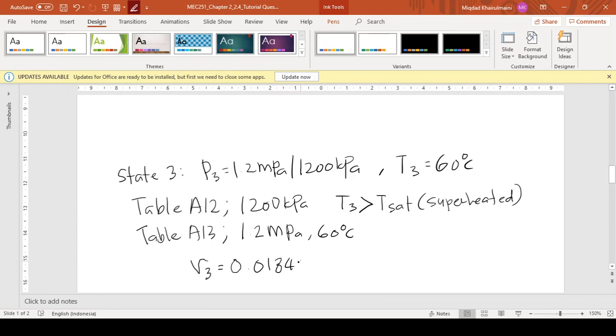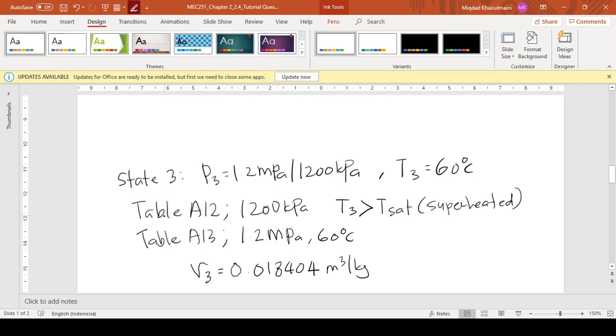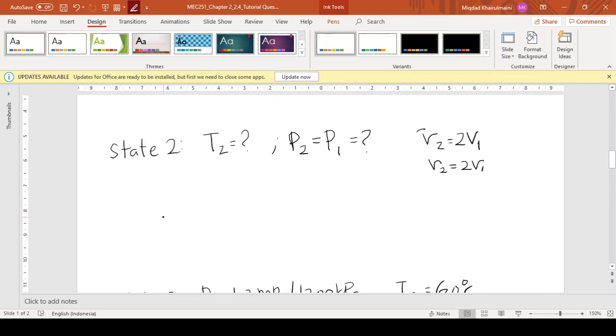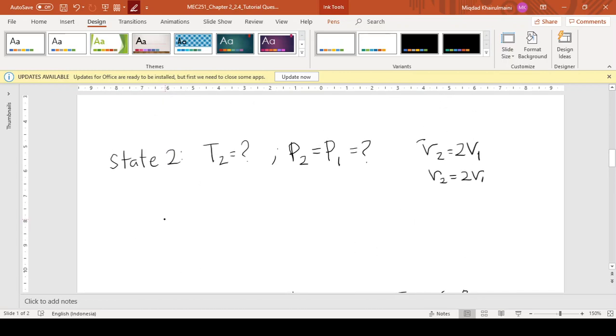If I am not mistaken, it's 0.018404 cubic meters per kilogram. So for an isochoric process, volume is constant, and indirectly, the specific volume will also be constant. So the specific volume at state 2 is equal to the specific volume at state 3.